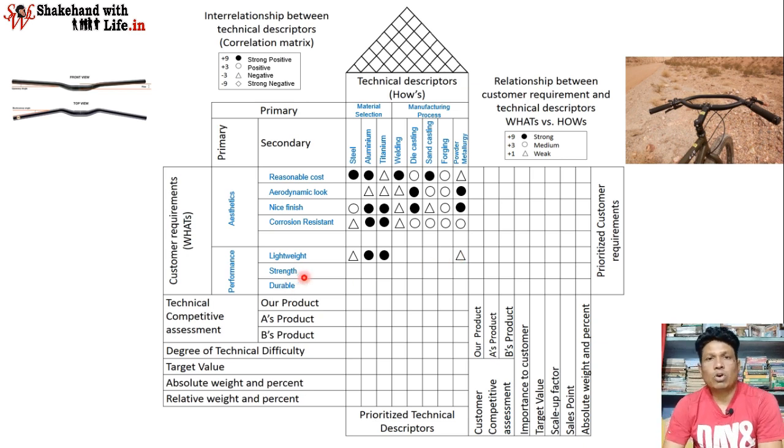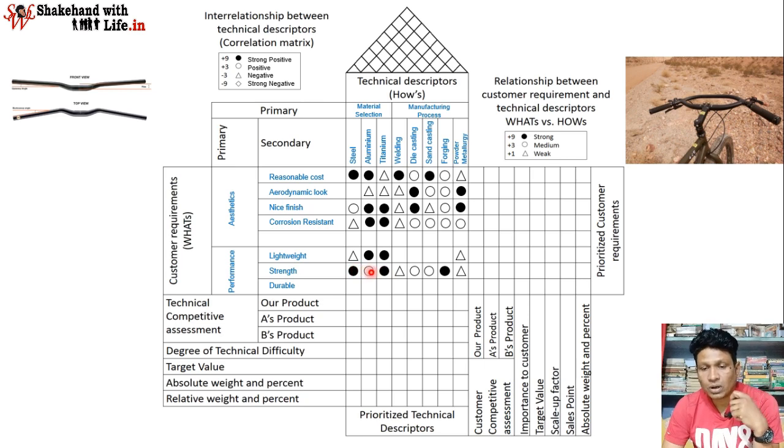Now, if we talk about strength, the next customer requirement, with steel it has a strong relationship. With aluminum, it has a medium relationship, but with titanium, it has a strong relationship. That means the strength would be very high if we use steel and titanium.